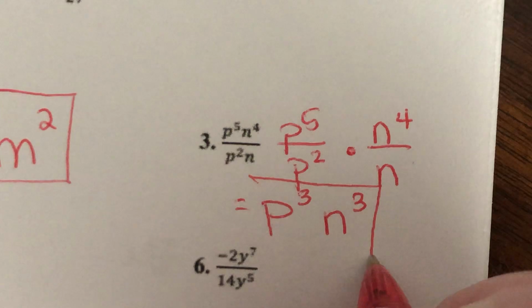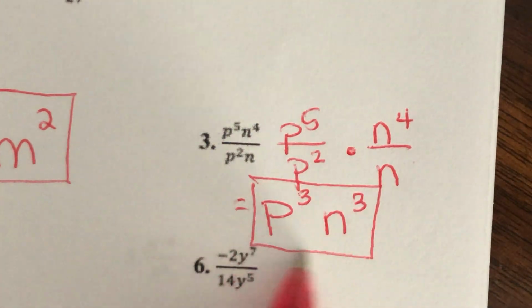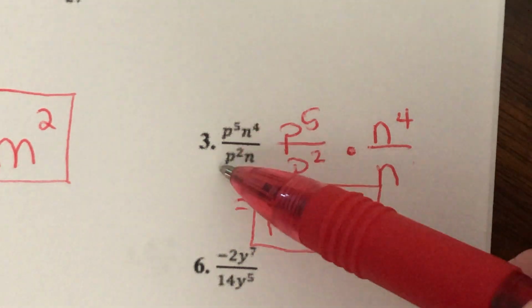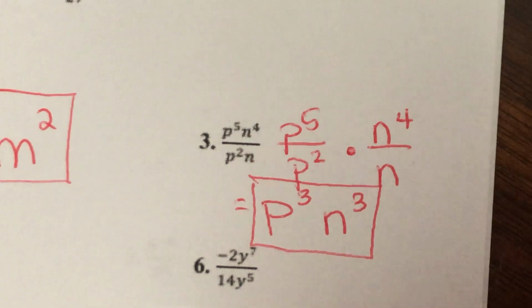So this is my answer here. How would you ever get to this, right? We just follow those rules. Find your like terms, your bases that are the same, and then subtract exponents if you're dividing.